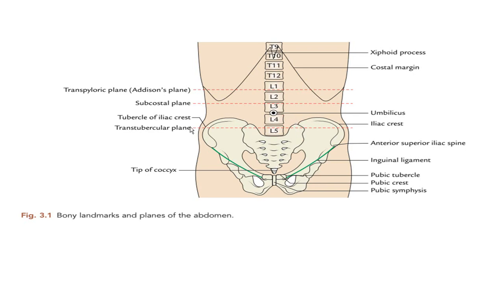And in the anterior abdominal wall, we have a transtubercular plane, and that passes posteriorly through the fifth lumbar vertebra, as you can see in this picture.